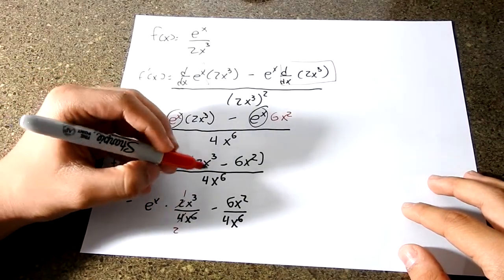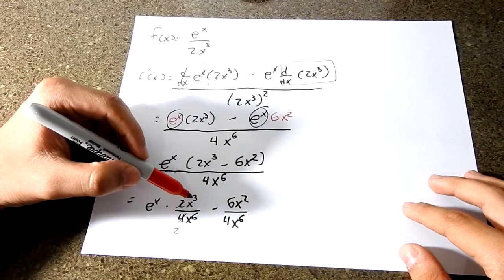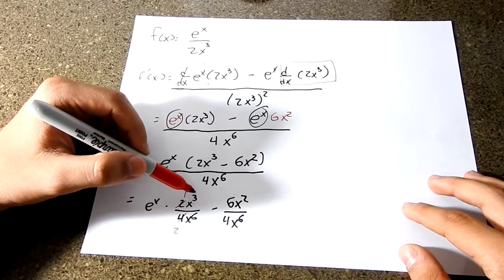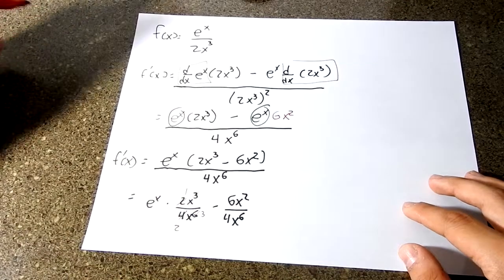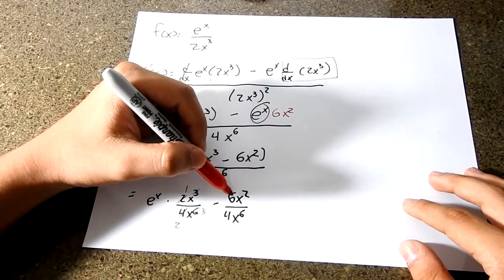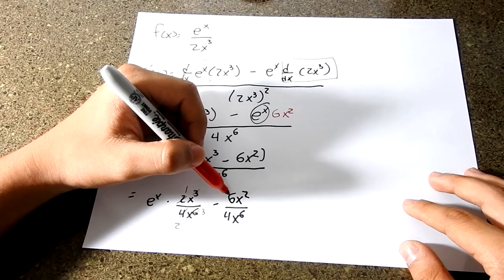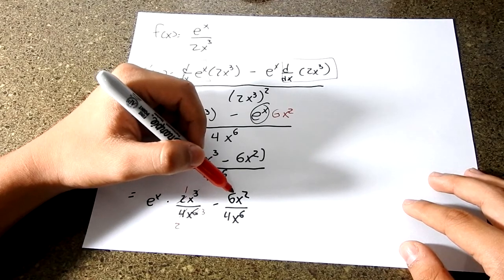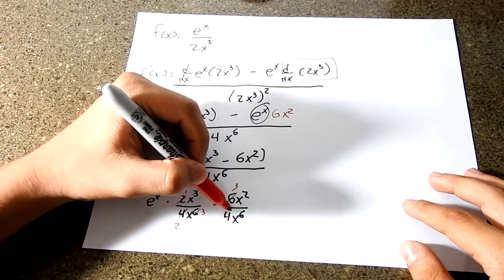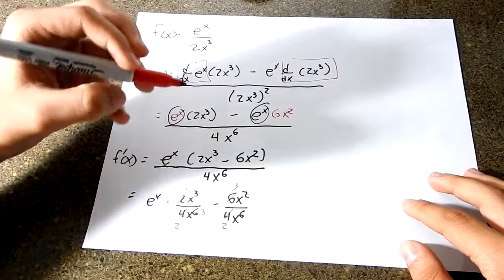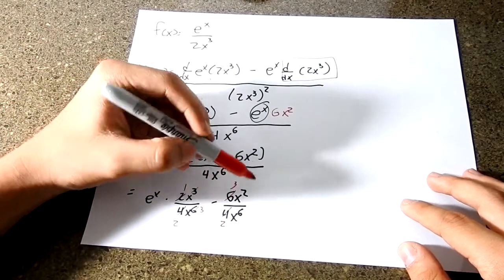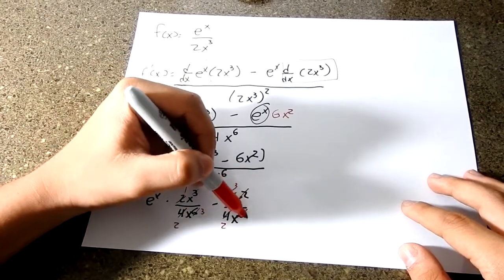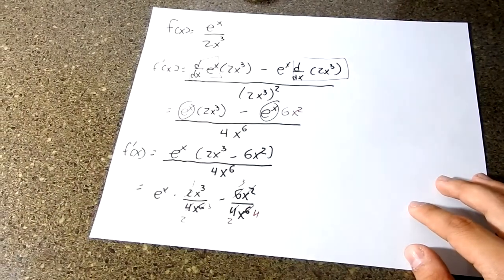This is 1/2, and we have x to the 3 and x to the 6. They subtract, so we have a 3 over here, and then here we have 6 over 2, that's 3, and we have 4 over 2, that's 2, and then we have x squared over x to the 6th power. We remain with a 4 in the denominator.